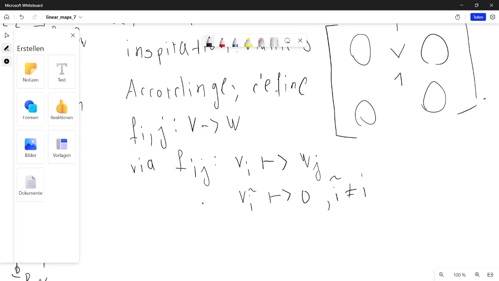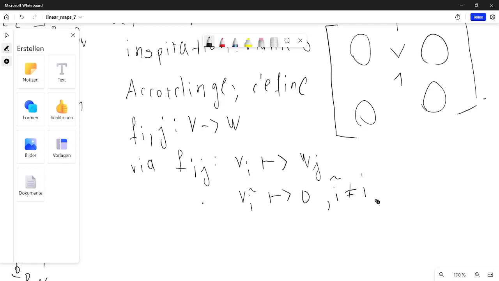Now we map vi to w2, everything else is mapped to 0, I mean in the basis. Then we map vi to w3, everything else in the basis is mapped to 0, and so on. And indeed, this defines a linear map. We had this theorem that specifying the images of the basis already defines a linear map. That is, there exists a linear map that does this.